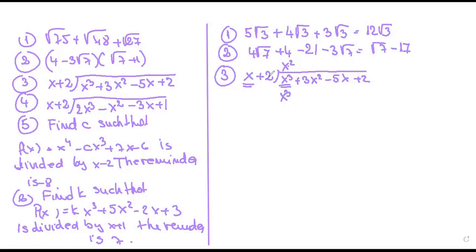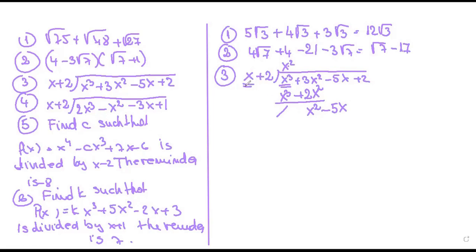X to the power of 2 times 2 is plus 2x to the power of 2. We have a horizontal line and we subtract. X to the power of 3 minus x to the power of 3 cancel. 3x squared minus 2x squared is x squared. We bring minus 5x down.